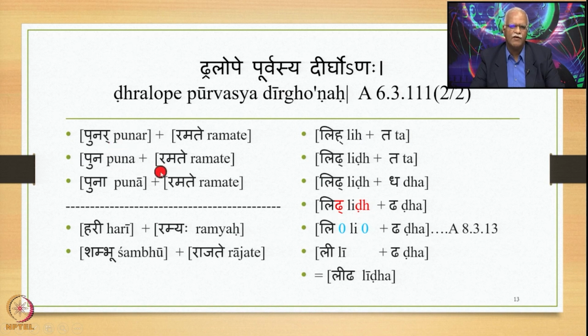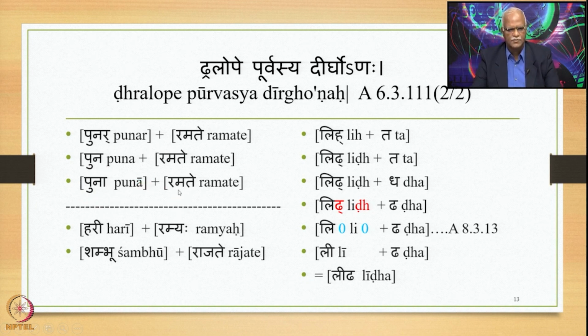So when this environment follows, the previous vowel, this a in na, gets lengthened. So in this place comes a long vowel, and so we get puna ramate as the finally derived output.